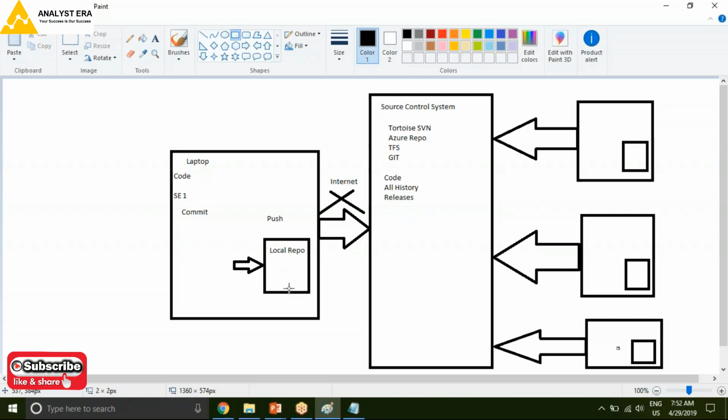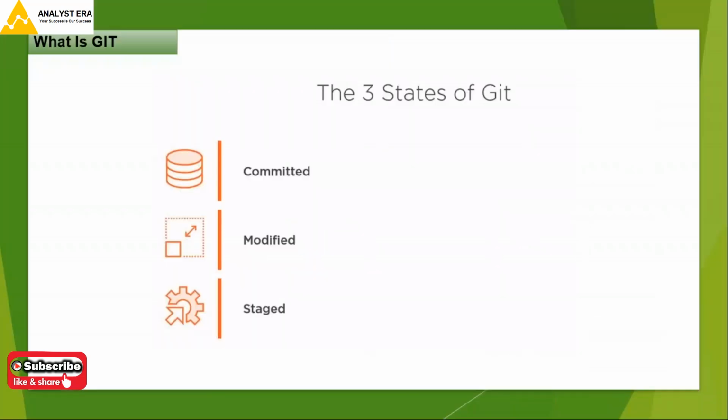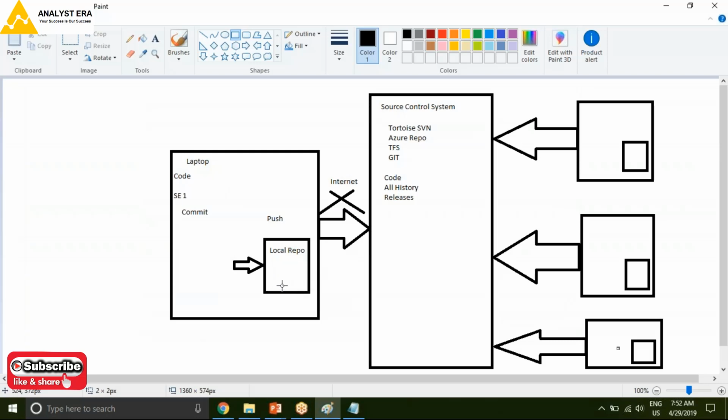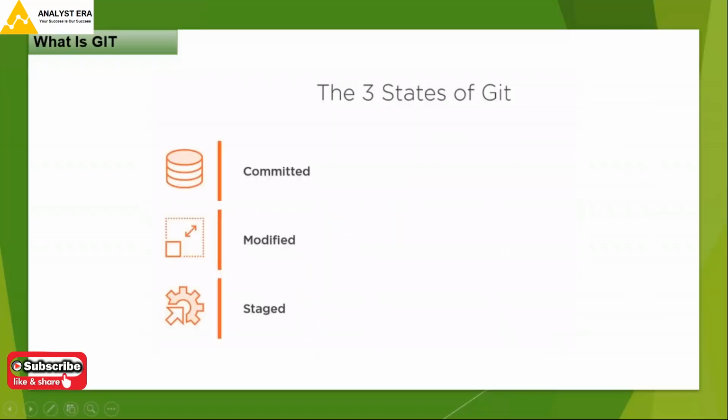So now your code, which is present in your local box, that is file 1, is not the same as in your local repository. We'll look at all of this practically, but for now just understand theoretically. When we modify code, it's modified. The state you see once you modify code is the modified state. So that's your modified state.